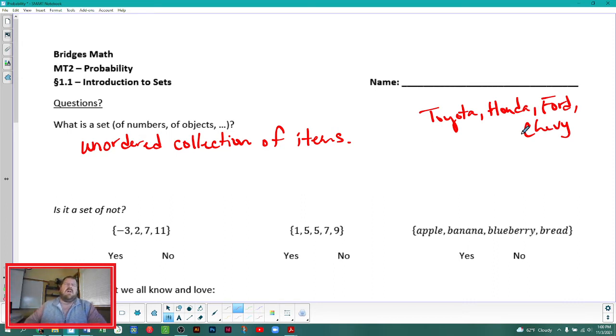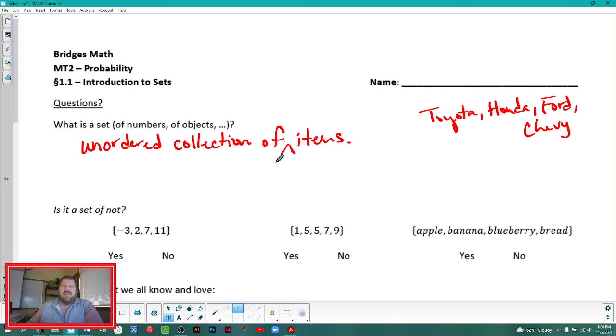And really, the unordered part doesn't mean that they can't be written in order. Maybe you want to write them in alphabetical order just to make it make sense for you, or in numerical order. And I did forget something. Sorry.